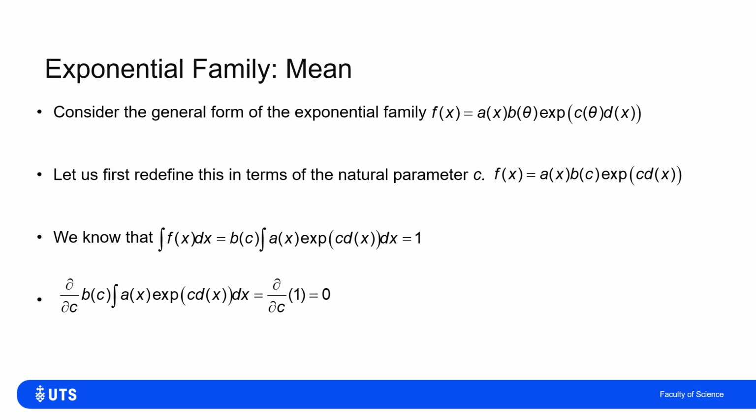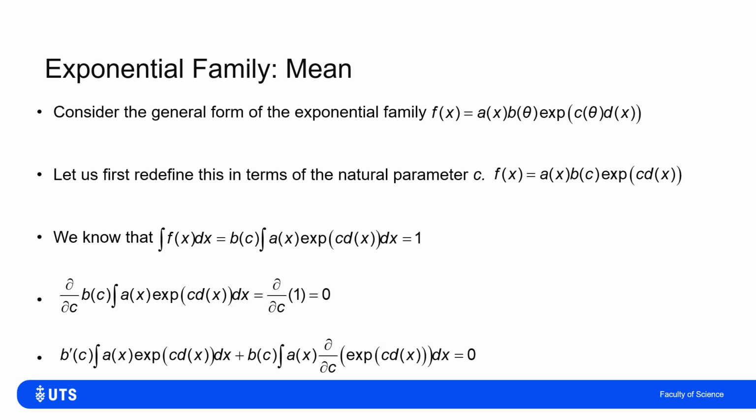So now if I differentiate this with respect to c, I'm basically differentiating 1 with respect to c. The rate of change of 1 doesn't tend to change very much, it tends to change 0.